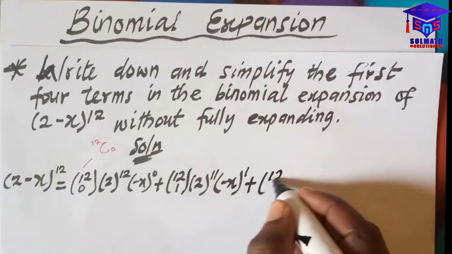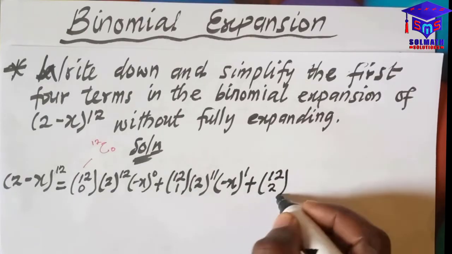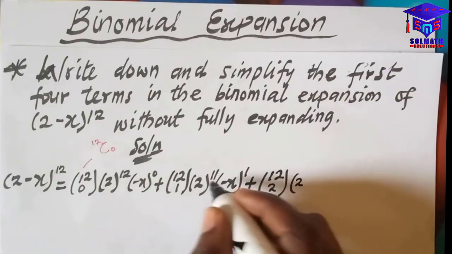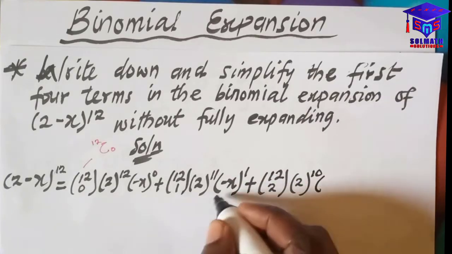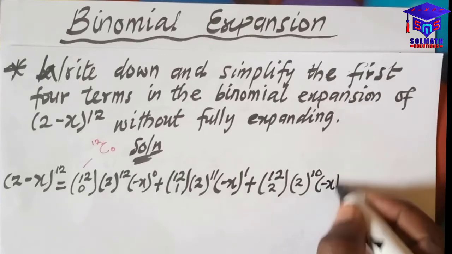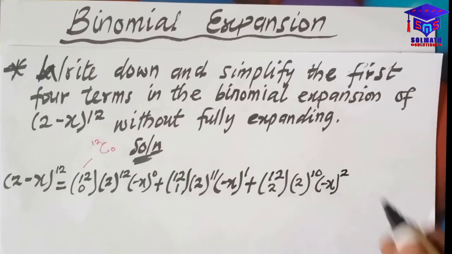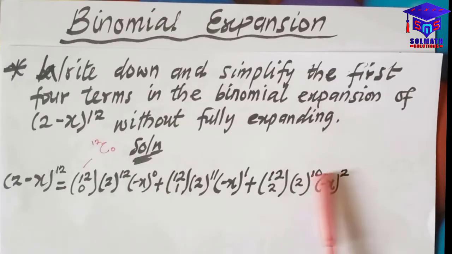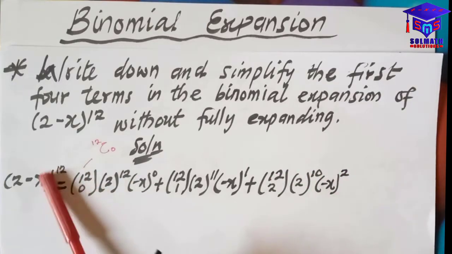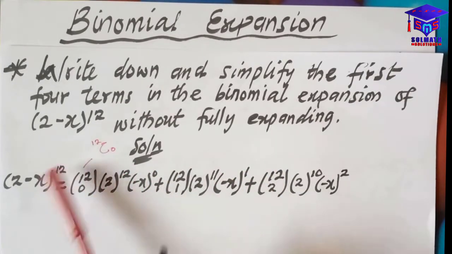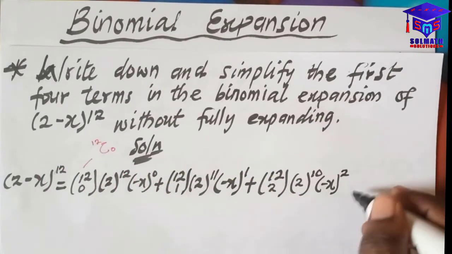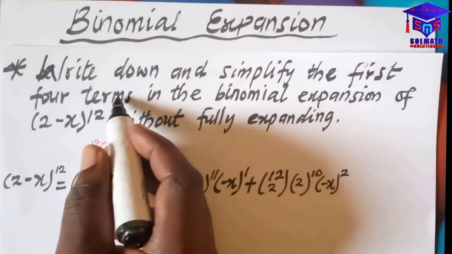Plus 12 choose 2, and then 2 to the power is going to reduce, so 10, and then negative x to the power is going to increase, 2. Remember, every time you add the powers you have, you should be getting the power of the binomial: 1 plus 11, 0 plus 12. The question is asking for the first 4 terms.